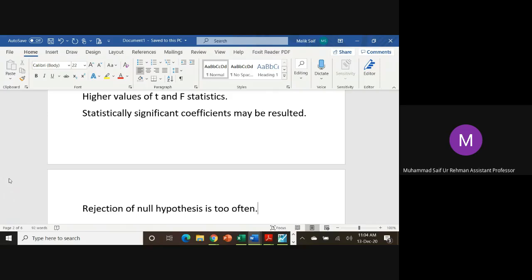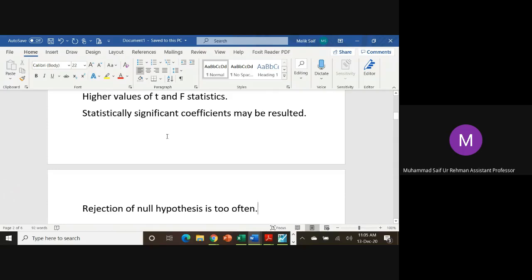So the T and F statistics are no more reliable in the presence of heteroscedasticity, and you may reject the null hypothesis when it should be accepted, on the basis of the high values of T and F statistics.